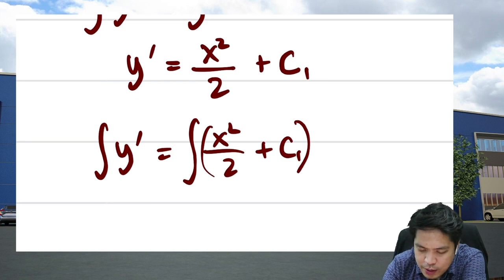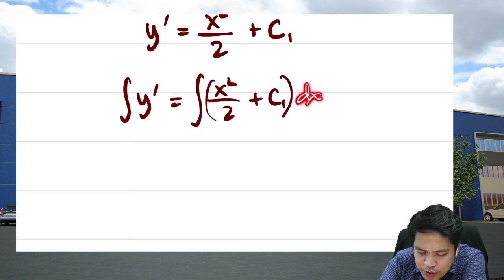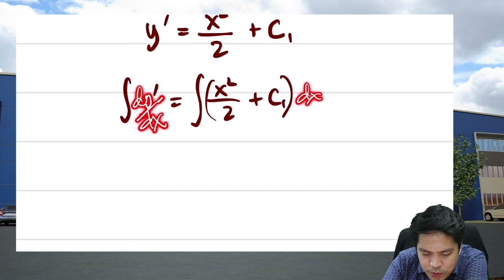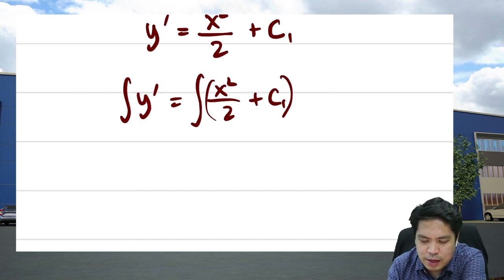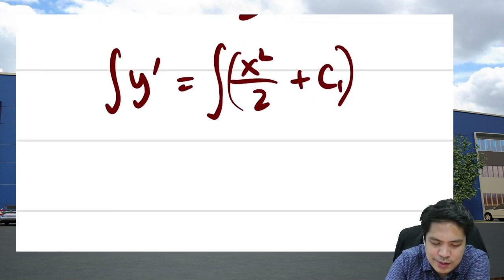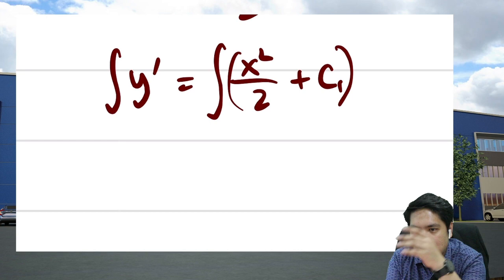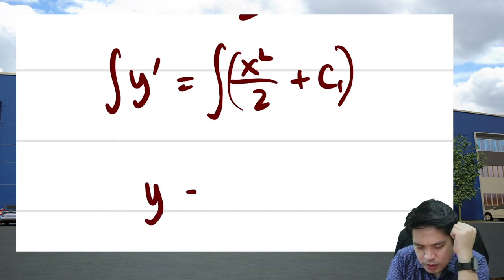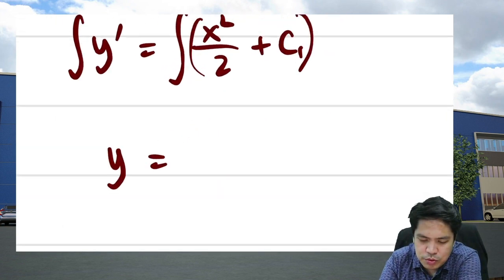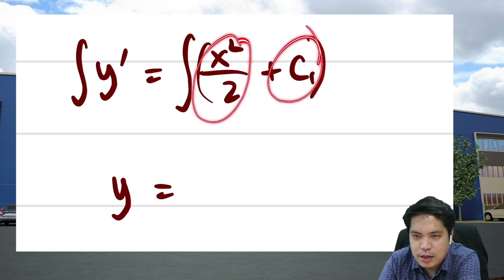Ganun na lang. Again, yung dx natin dito, nandito siya because it's dy over dx. Okay. So, wag nang magtaka. So, what will be the answer here? And of course, the antiderivative of y prime is y. And that is equal to the integral of this plus the integral of this.